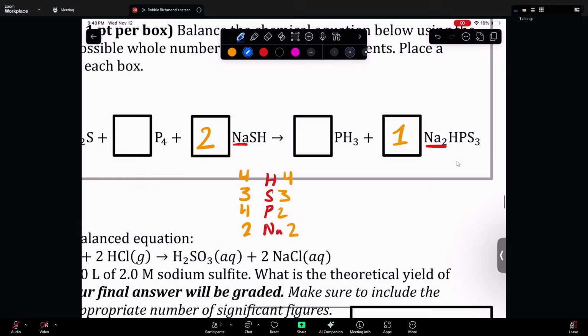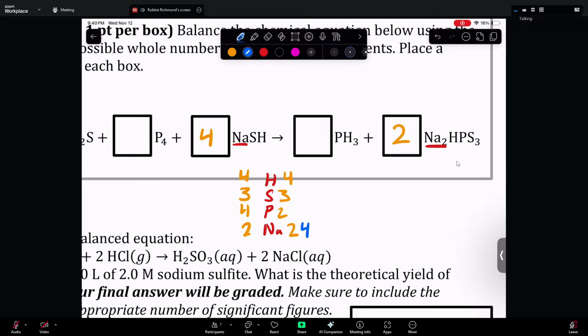Now, let's keep track of everything. Sodium is becoming 4, which means that we should keep this ratio of the sodiums. This should be a 4 now. Phosphorus, we still have, I meant to write a 2 here, not a 1.